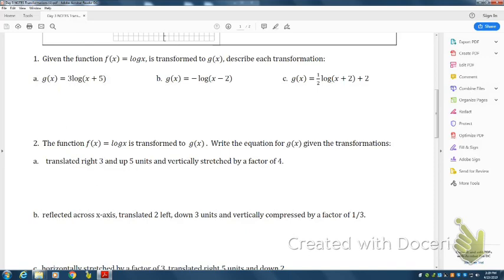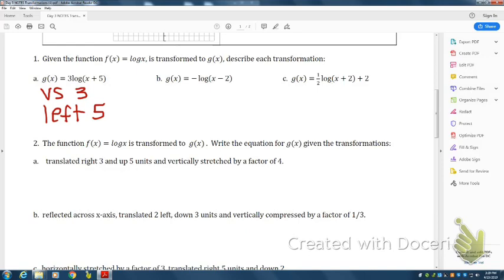A vertical stretch. Okay, so it's a vertical stretch by a factor of 3. And then did you go left or right 5? Left 5. Anything else? No. Nope, we're done.